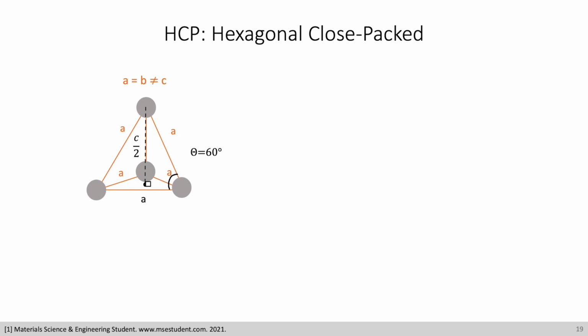And this length is C over 2, or half of that C-axis line that we drew in the HCP structure. If we go straight down and draw this length from one atom to where it intersects with the C over 2 length, this is a right triangle, and this length is D. So we need to find the relationship between C, D, and A in order to calculate our APF.